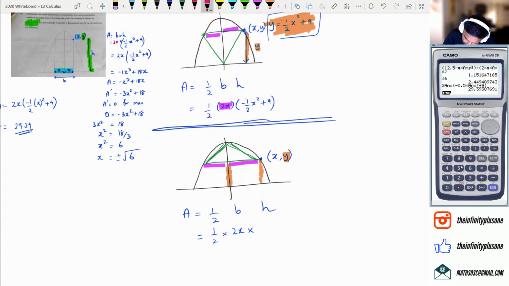Now, in this particular case, this point was given to us as 9, and because it's 9, the height of this triangle is going to be 9 minus y. Okay, so that's something to keep in mind. So the only difference in this case is our height is going to be 9 minus negative half x squared plus 9, like that.